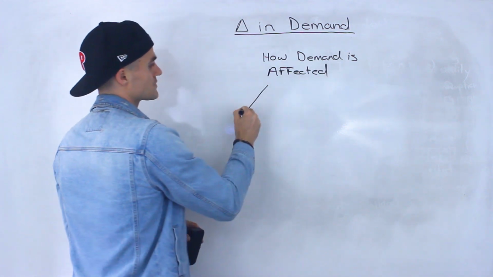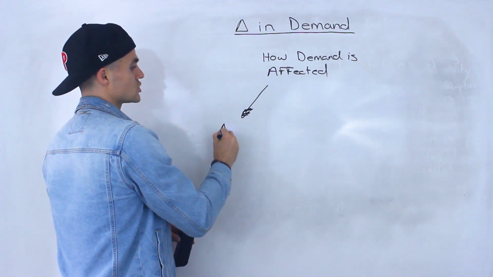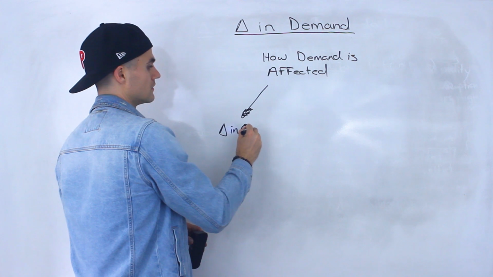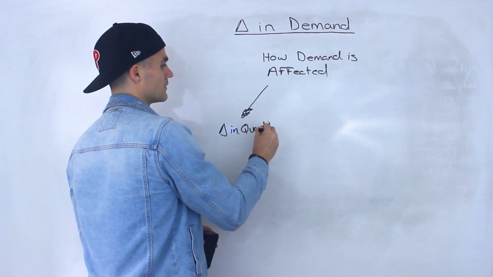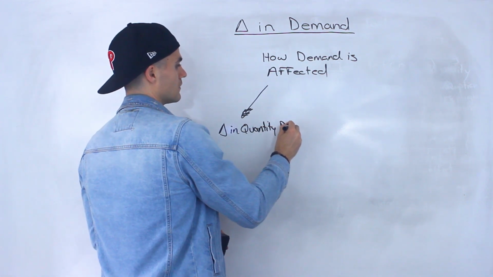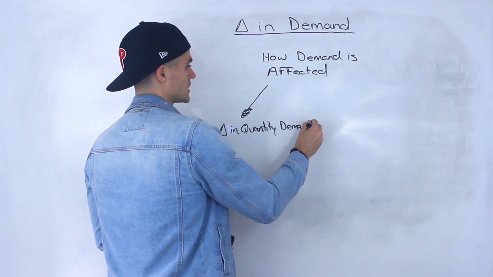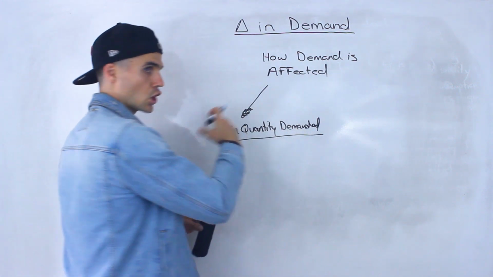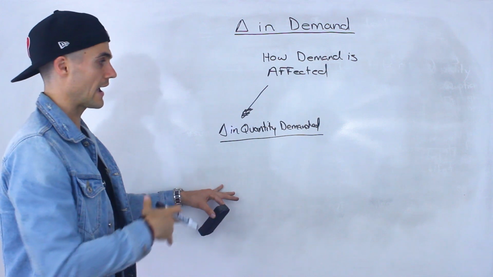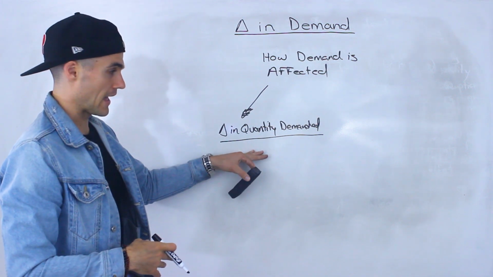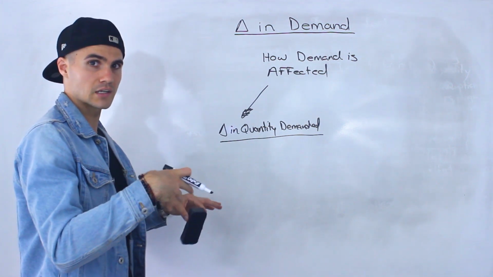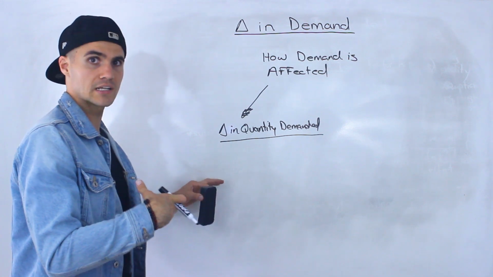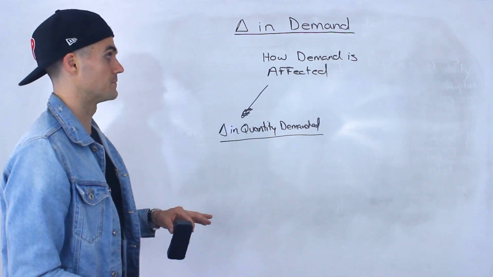In the previous video, we talked about the change in quantity demanded, and that was movement along the curve from one point to the next. We talked about the law of demand, and then under that, we dug in deeper, talked about maximizing utility and then limited income.